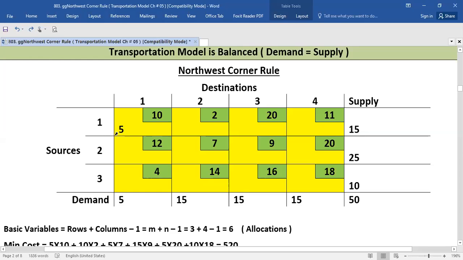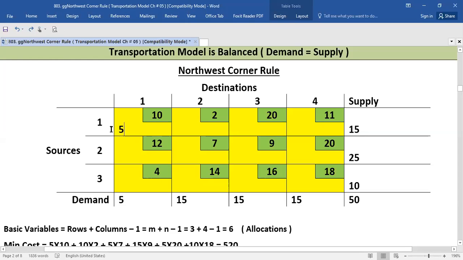Again, you will start from this corner, and your first allocation is 5. Your first task is to check how much is the demand and how much is the supply. We are going to allocate in the first blank cell.